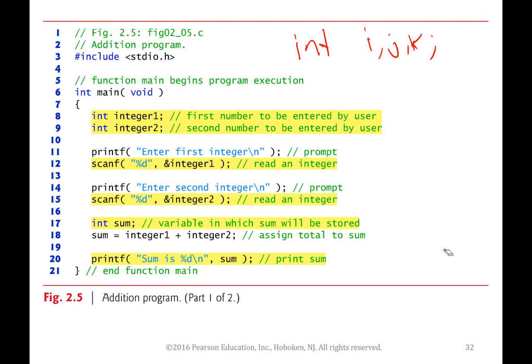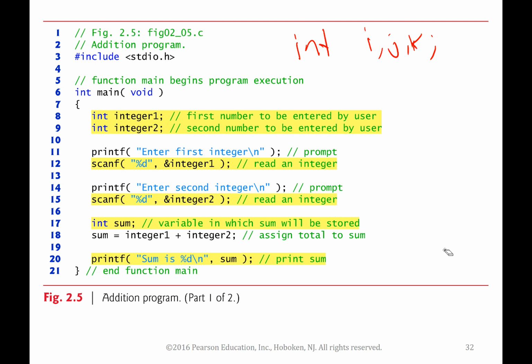And that is a prompt, telling the user to enter the first number. Then here's where things get very tricky. As I said, this particular slide has lots and lots of information on it. It says enter the first integer \n. That's just a prompt telling the user what to do.